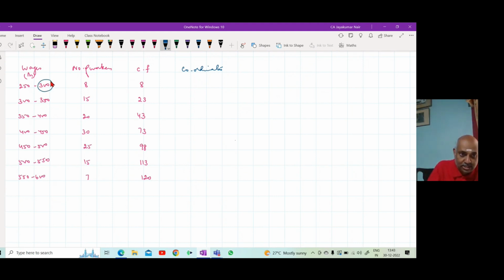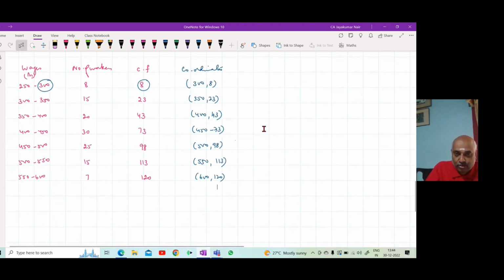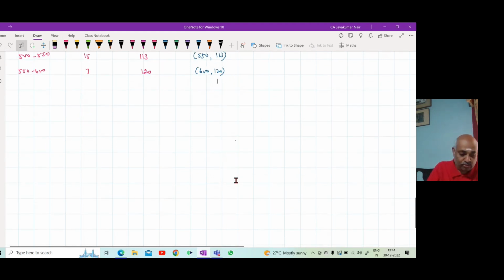You take this and this and write here: 300, comma 8; 350, comma 23; 400, comma 43; 450, comma 73; 500, comma 98; 550, comma 113; 600, comma 120. So we have calculated the cumulative frequency and written the coordinates.